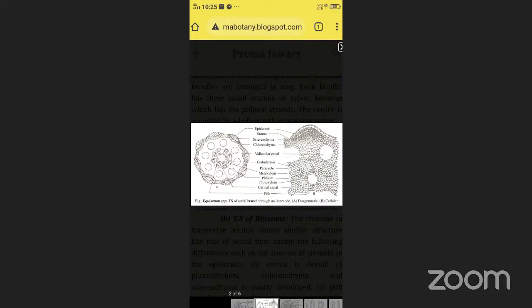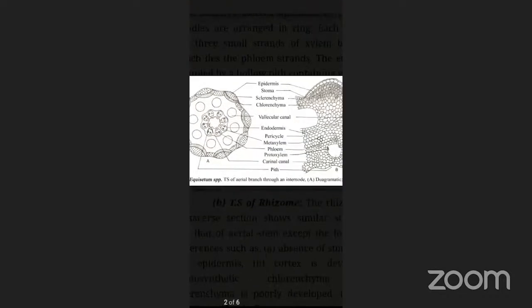The transverse section of the stem is circular but wavy in outline due to the presence of ridges and furrows. Based on the ridges and furrows, the outline looks wavy in nature. The stem is differentiated into three regions: epidermis, cortex, and stele.